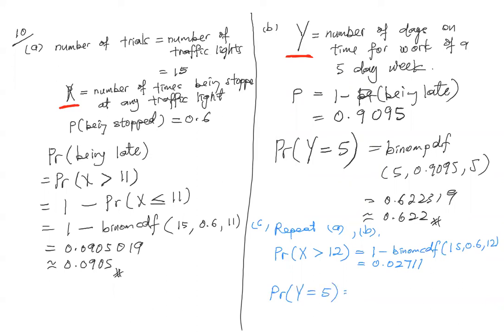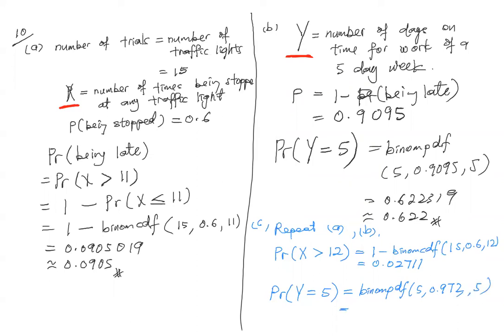So now I'm talking about Y equal to 5. So I use binom PDF 5, plus 1, so this is 0.973. Correct? Am I right? 973. And here is your 5.